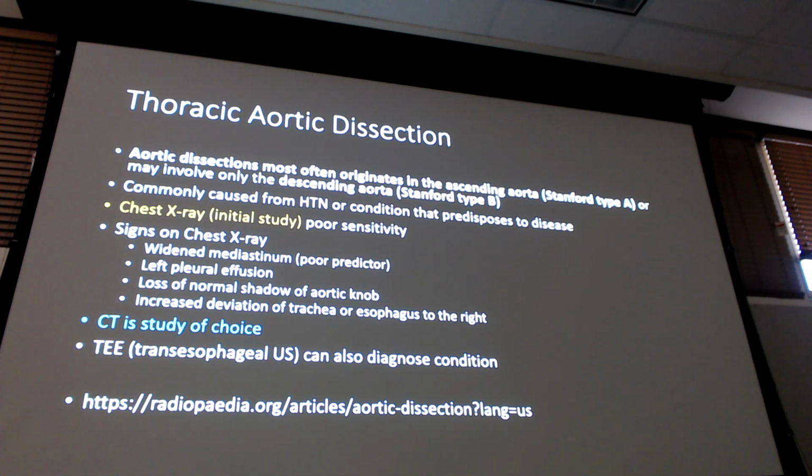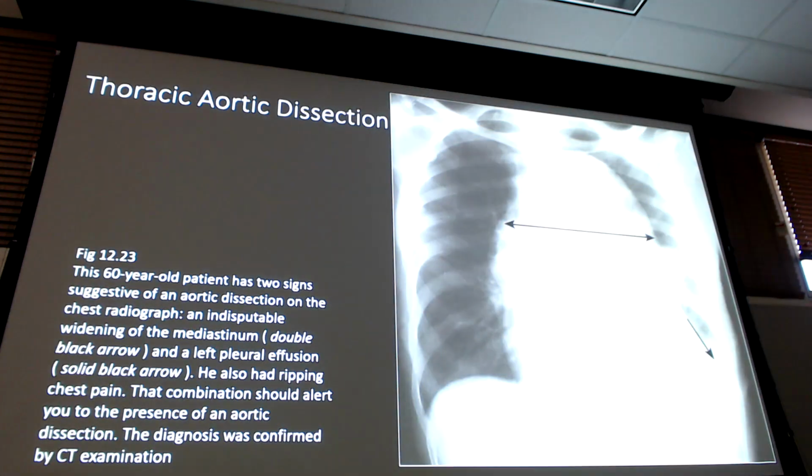But the difference between the dissection and the aneurysm is that tearing, ripping back pain. That tearing, ripping back pain. Yes, aneurysms can lead to dissections, and they often will if not treated, and not necessarily treated to make the aorta smaller again, but treated to lower that pressure that it's experiencing.